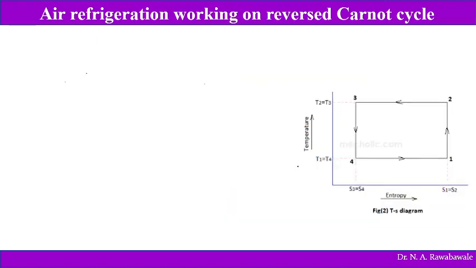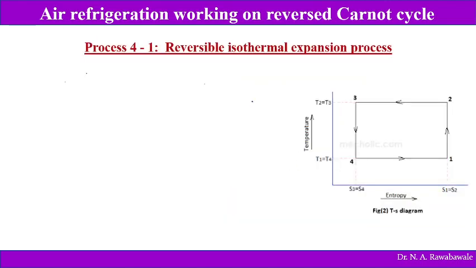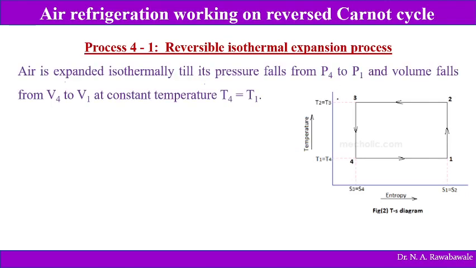Now the last process is a reversible isothermal expansion process. So 4 to 1 is reversible isothermal expansion. During this process the pressure falls from P4 to P1 and volume changes from V4 to V1 at constant temperature, T4 equal to T1. So the temperature at point 4 is equal to the temperature at point 1.